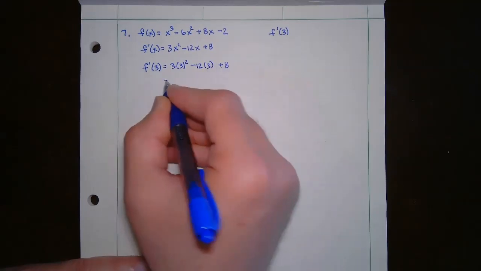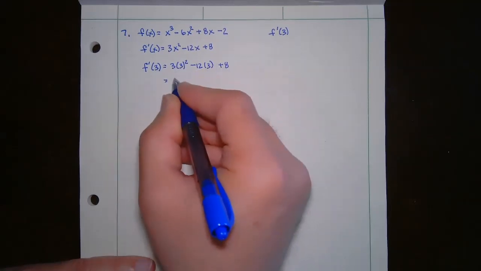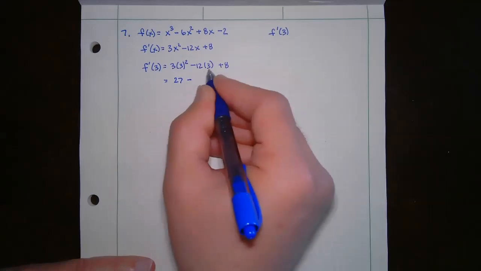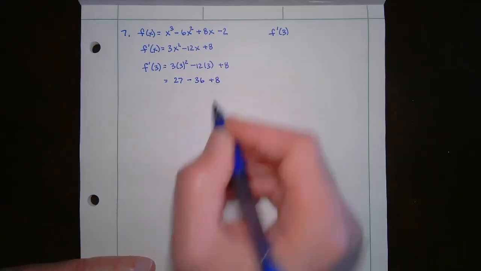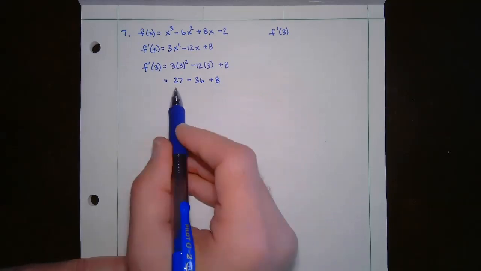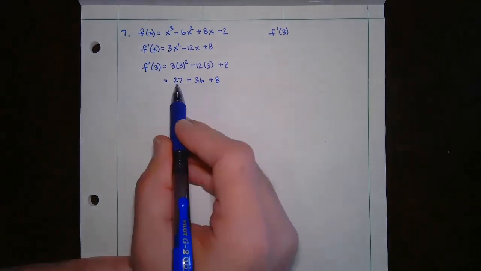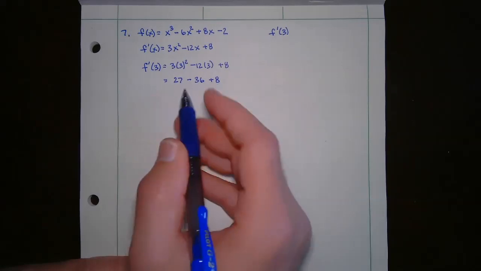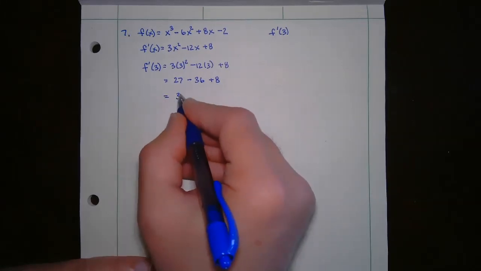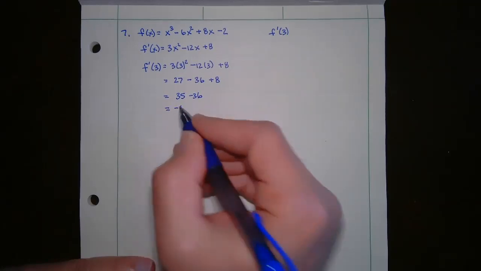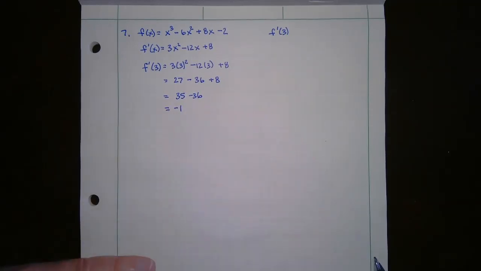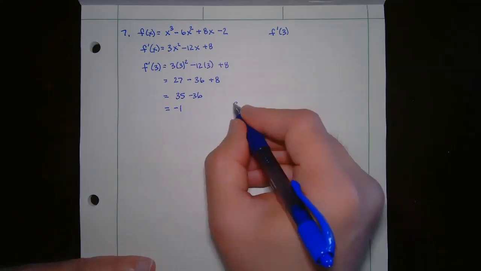Okay, so then this would be 3 squared is 9, 9 times 3 is 27, minus, and then 12 times 3 is 36, and then plus 8. Okay, and so I would combine the 27 and the 8 first, all right? So that makes 35 minus 36, which gives you negative 1. So f prime of 3 is negative 1, and the answer is C.